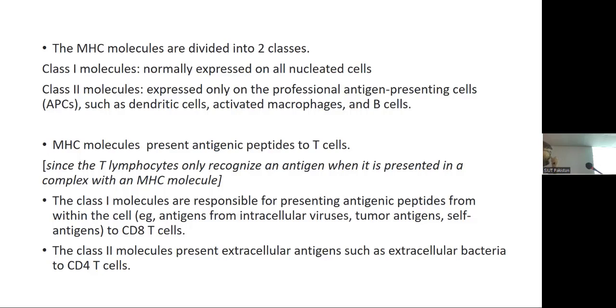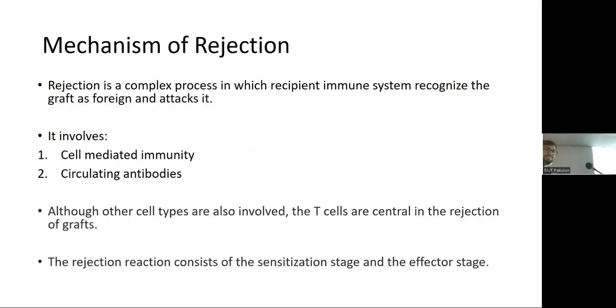The MHC class 1 molecules are responsible for presenting antigenic peptides from within the cells, that is, antigens from intracellular viruses, tumor antigens, and cell proteins, to CD8 T cells, whereas class 2 molecules present extracellular antigens, such as extracellular bacteria, to CD4 T cells.